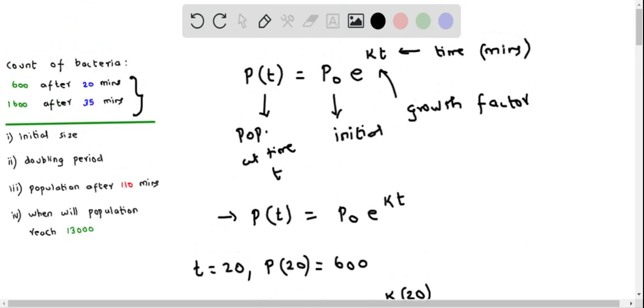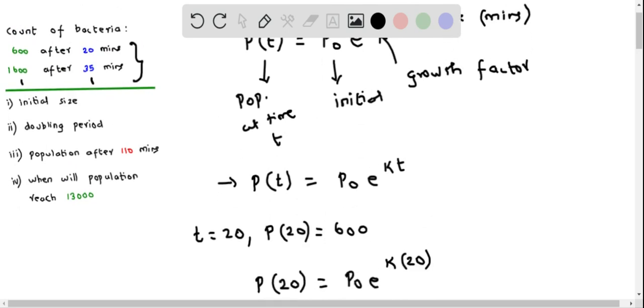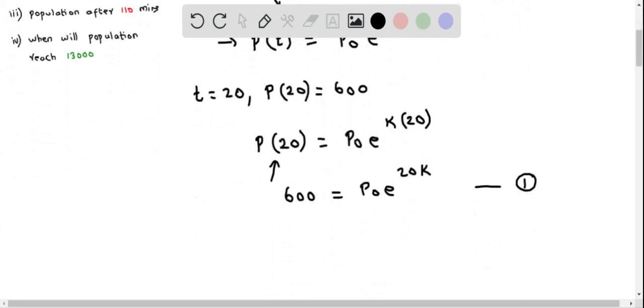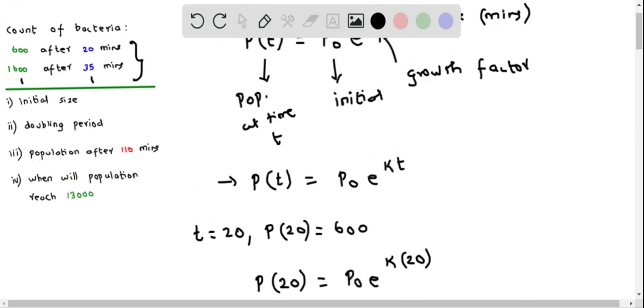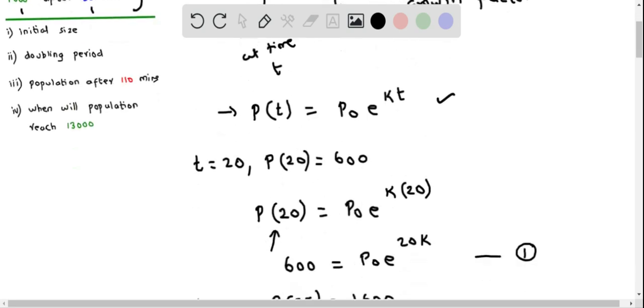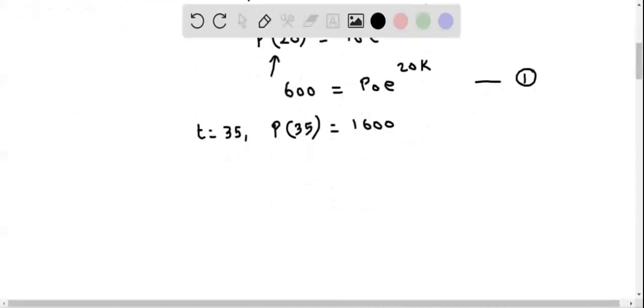Now let's use the other information. The count of bacteria is 1600 after 35 minutes, which means when t equals 35, P of 35 equals 1600. Once again, we plug in t equals 35, and P of 35 as 1600.